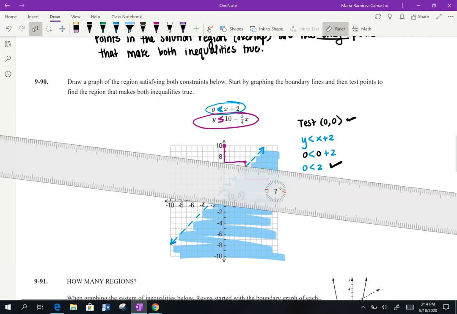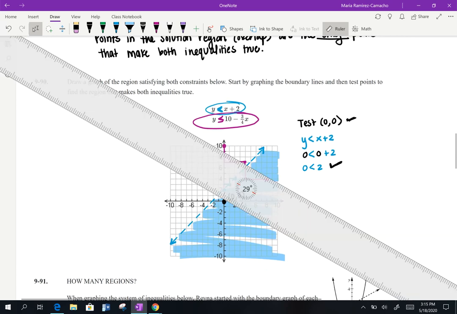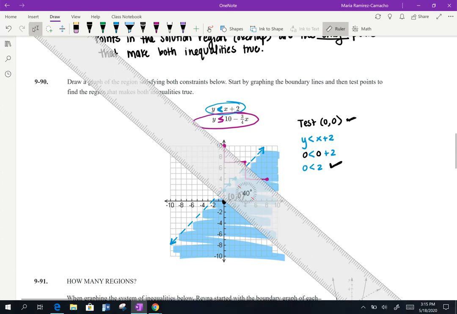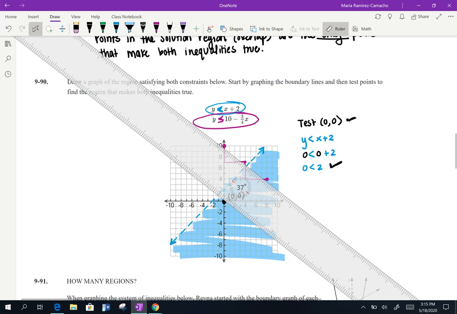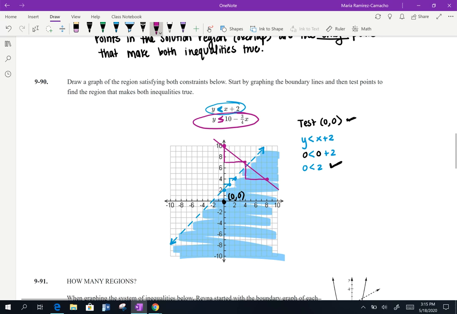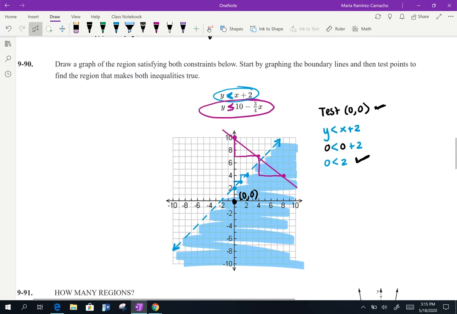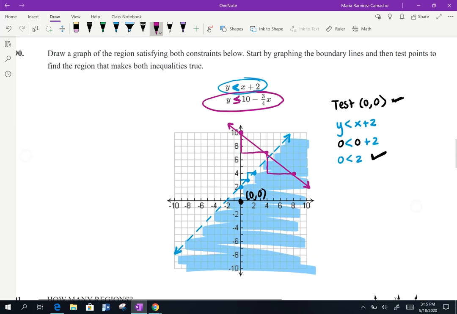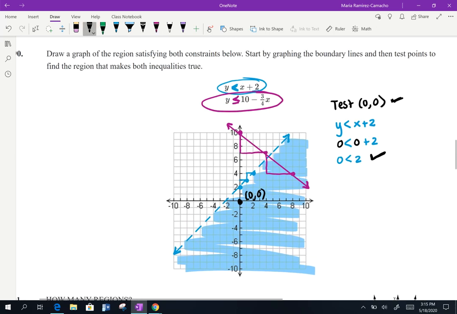I'm trying to move the ruler, not the whole graph. Okay, there. And there. All right. And now let's test a point to see where we're going to shade. I'm going to test 0, 0 again.